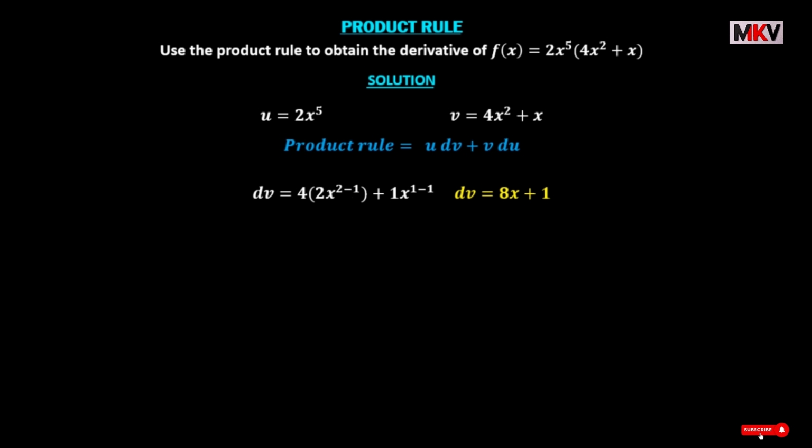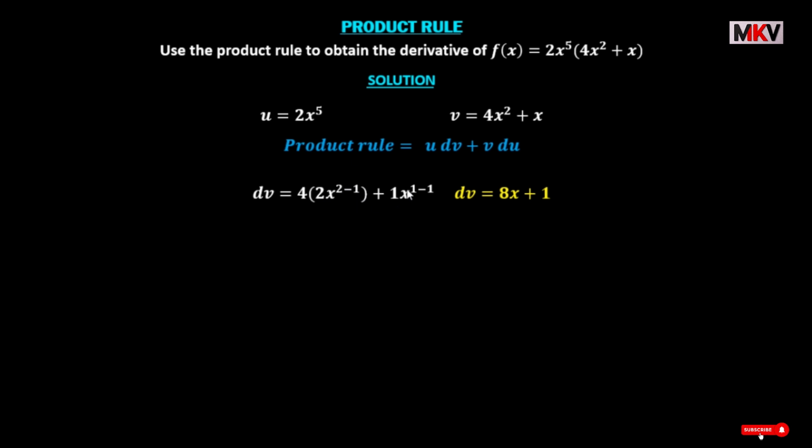So if x to the power n is the expression of the function, then the differential of that expression will be n x to the power n minus 1. As you can see here, we have 2x to the power 2 minus 1. This is how we find the differential of a variable.